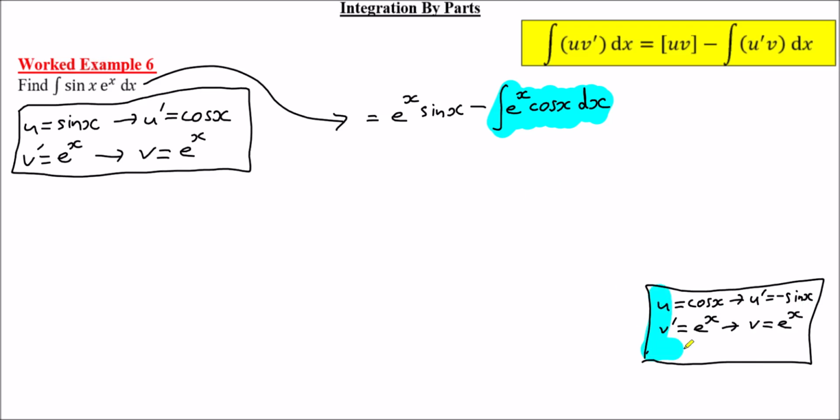So applying these choices for u and v dashed to what we have here, we can then use the integration by parts technique again to evaluate this part of it.